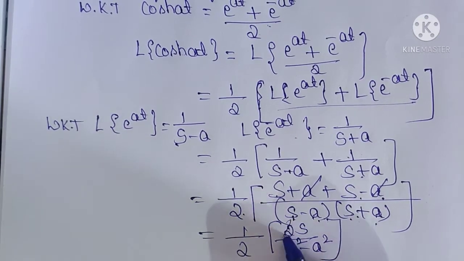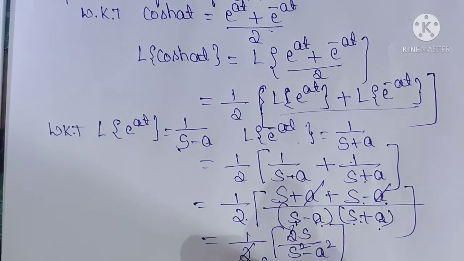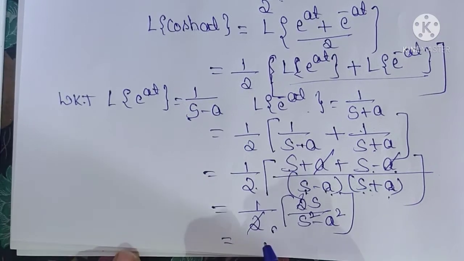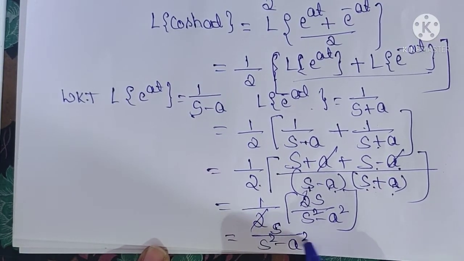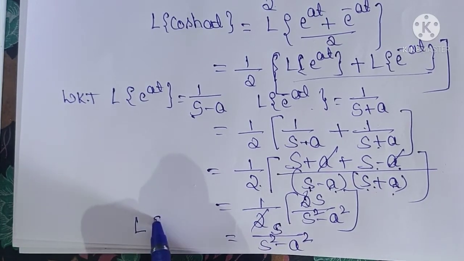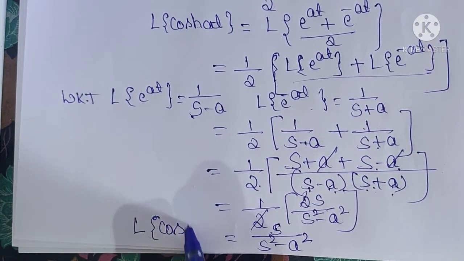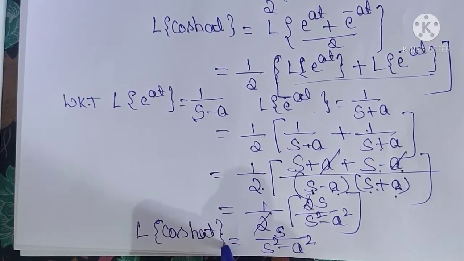This implies 2 gets cancelled, remaining s divided by s^2 minus a^2. This is the Laplace transformation of cosh(at).